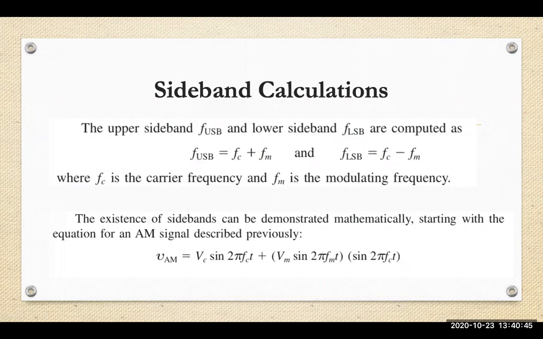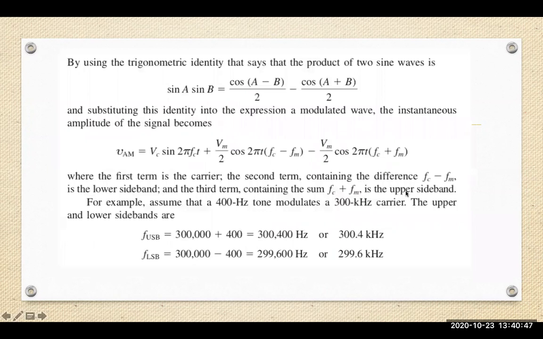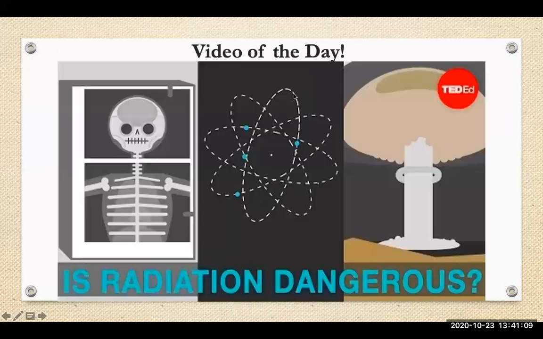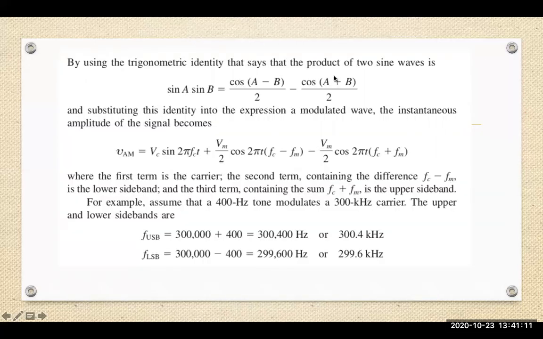Okay, so next slide. Ayan. So gamit yung AM natin na equation. So by using trigonometric identity, that says that the product of two sine waves, sine A times sine B is equal to one half of cosine A minus B minus cosine A plus B. And substituting the identity into the expression ng modulated wave natin, we just substitute in here.